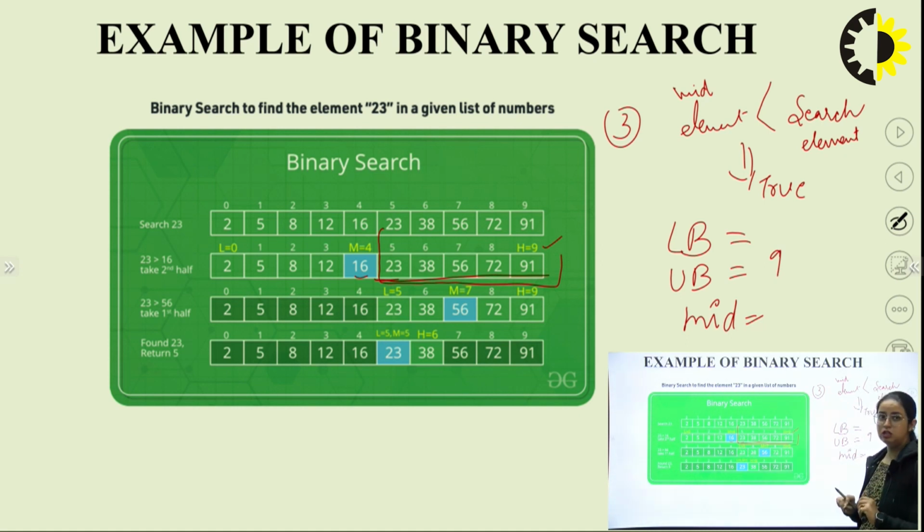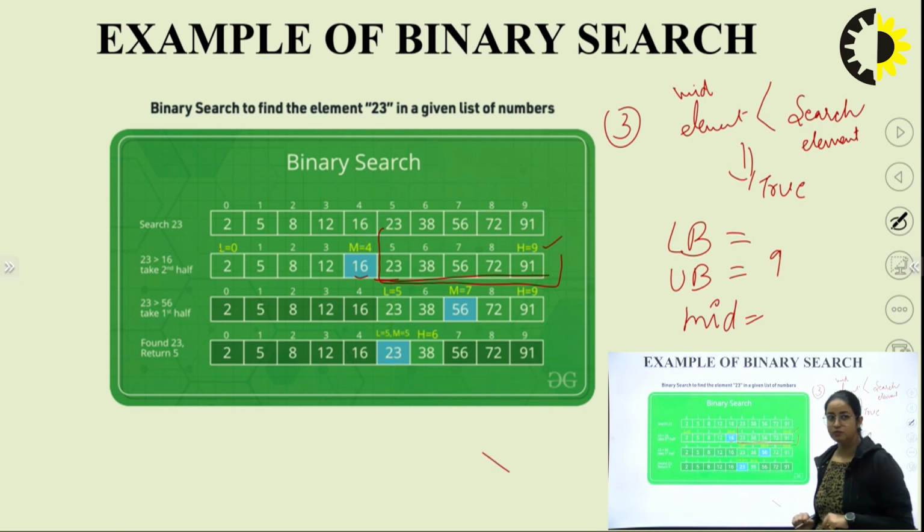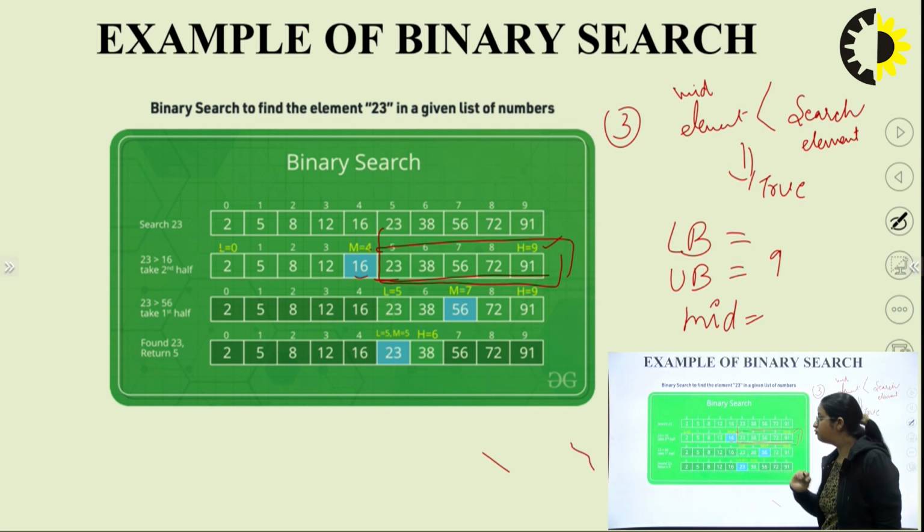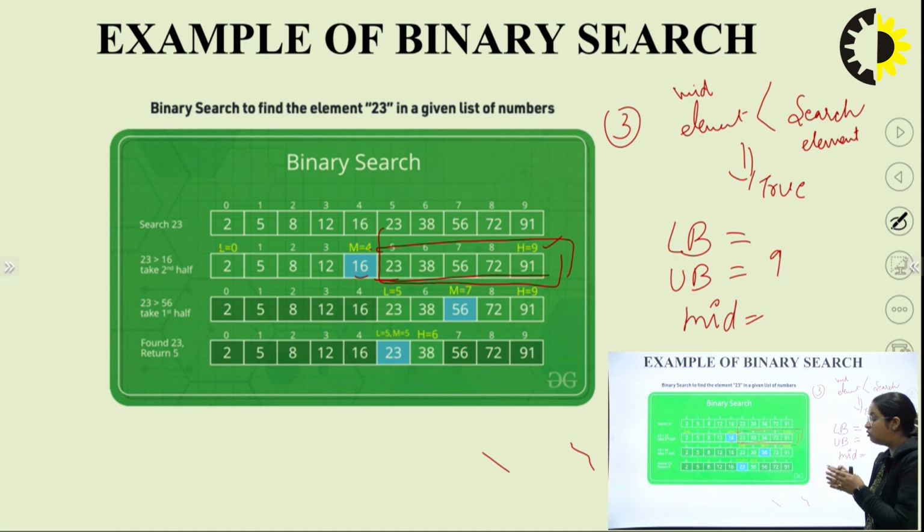So in the upper bound there is no change, but in the lower bound we have a change, because initially we were taking lower bound 0 at the start. But now we have to change our lower bound, because we are just taking this particular array. So in this array, what is the lower bound? We know the mid position of the element, that is 4, and we are not taking that position.